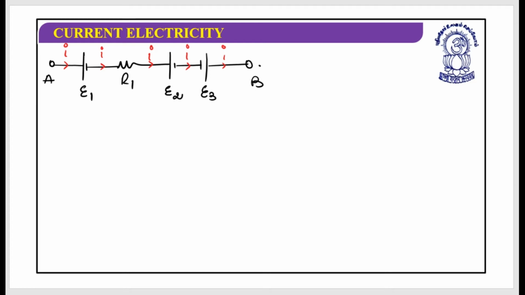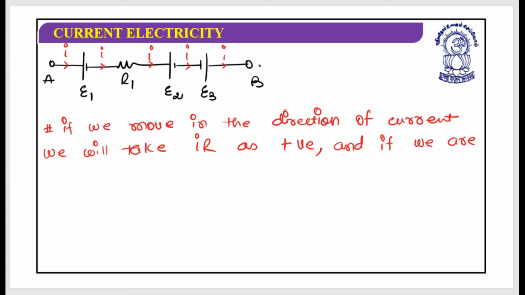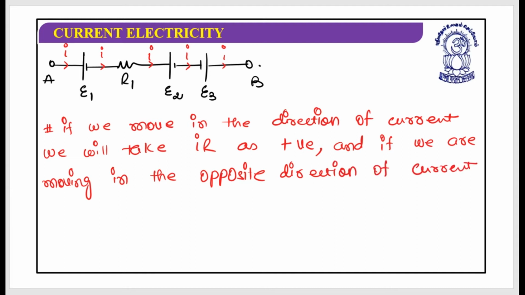So one more convention we are going to write is that if we move in the direction of current, we will take I into R as positive, and if we are moving in the opposite direction of the current, we will take I into R as negative.